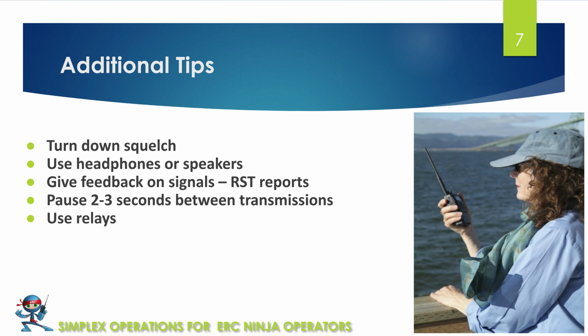This report might sound something like, your signal is a 5.9. That means that the readability, or how easy the transmission was to understand, is a 5 out of 5, and the strength of your signal was a 9 out of 9. If the readability was pretty good, but the strength was weaker, it might be reported as a 5.6, for instance.